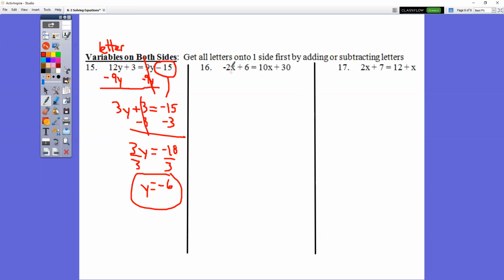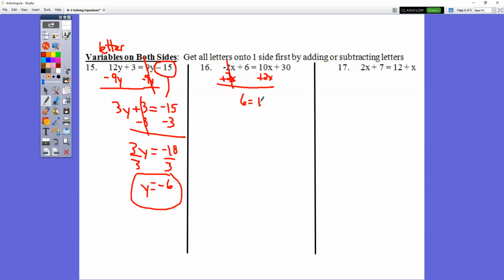On this one, we have a negative 2x on one side, and we have a positive 10x on the other. Again, you do have your choice on how you want to solve it. What I like to do is work with the smaller of the two letters first. I'm going to move this negative 2x by doing plus 2x and plus 2x to both sides. That way, those cancel out.